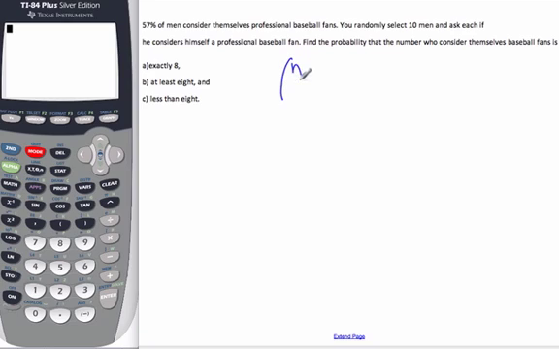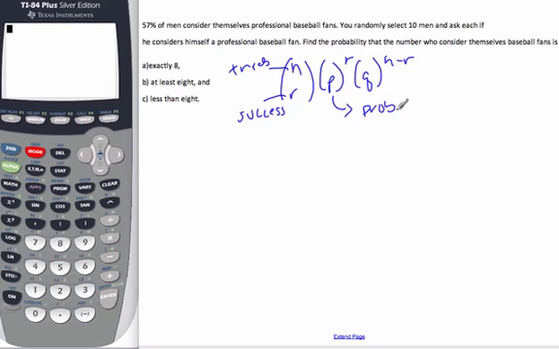It goes n choose r, p to the power r, and then q to the power of n minus r, where n is the number of trials, r is the successes, p is the probability of success, and then q is 1 minus p.